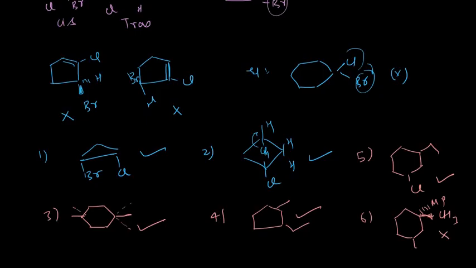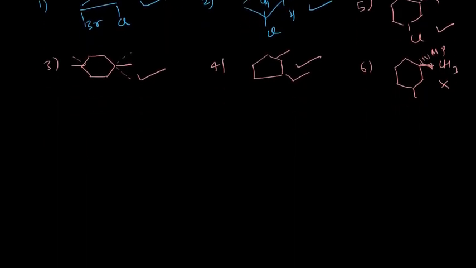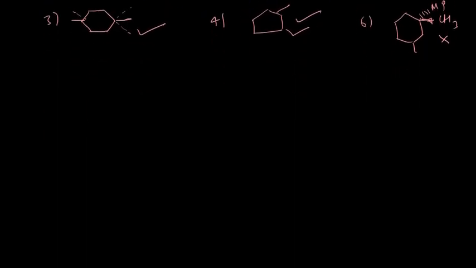Because there is no change in relative position. Now we're going to talk about the seventh one. Will it show GI? Yes, it will show. Because the relative position could be changed. One could be above the plane, and the other could be below the plane. And when both are above the plane or below the plane, that is the situation of cis.